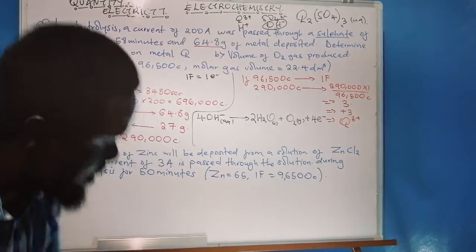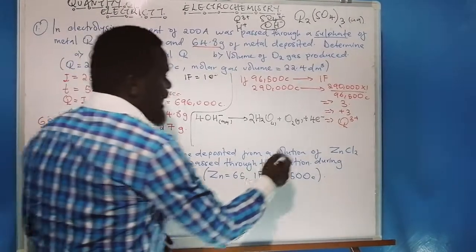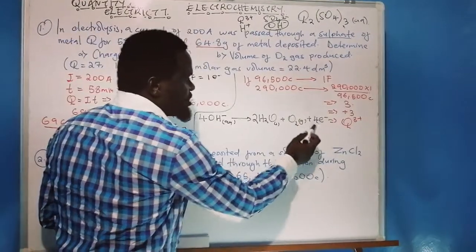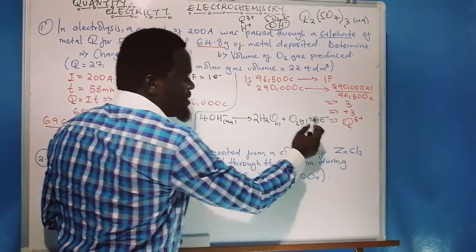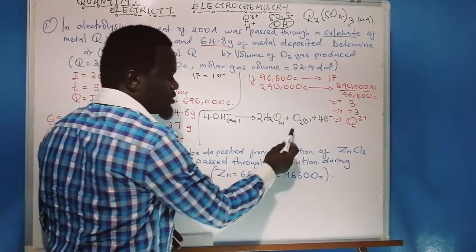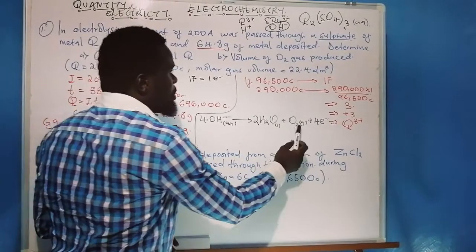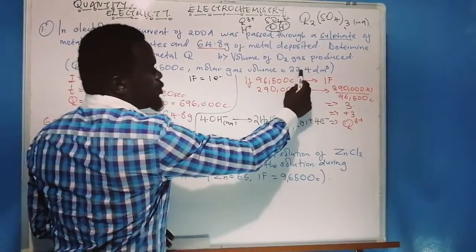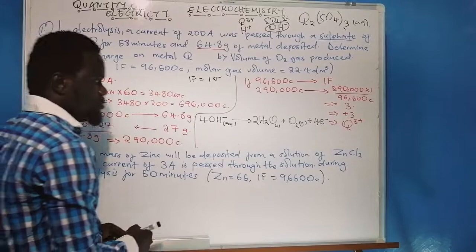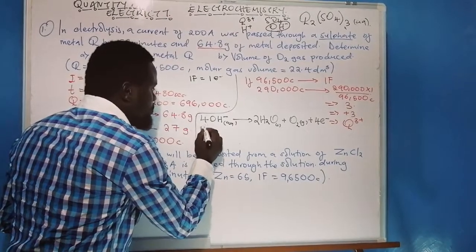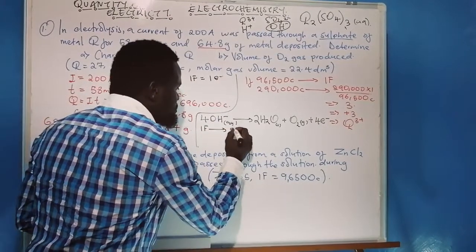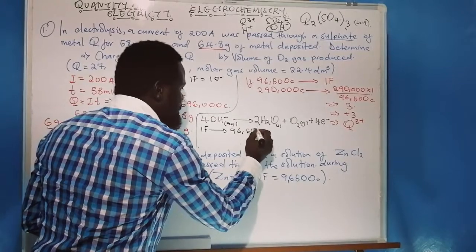So how do I calculate that one? First, I will get the quantity of electricity that will be produced by 4 moles of electron. Remember, 1 mole of oxygen gas is produced, and 1 mole of oxygen gas is 22.4 decimeter cube. So I'll say 1 Faraday is equal to 96,500 coulombs.